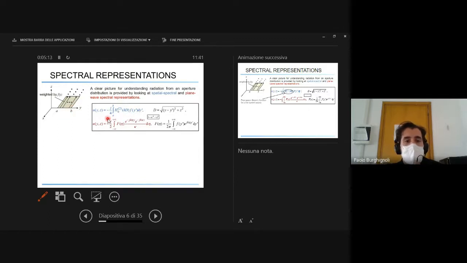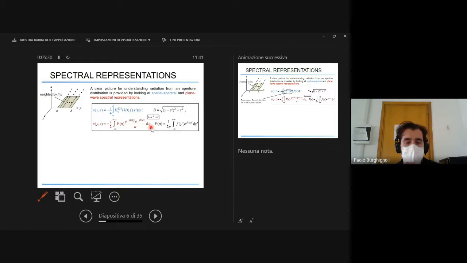And in red, you have an alternative representation of the same field, a spectral representation with a sort of Fourier integral in terms of the spectral variable eta.